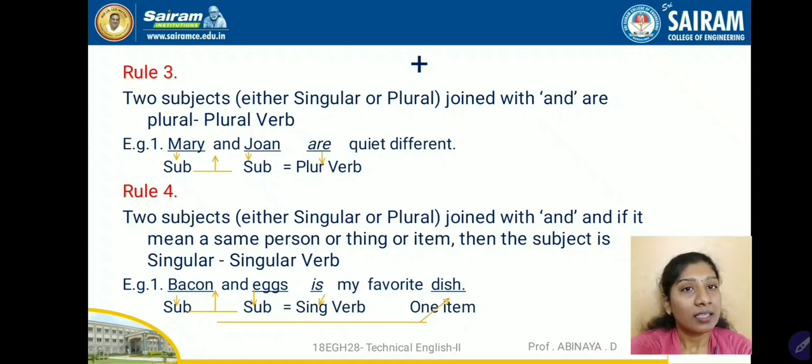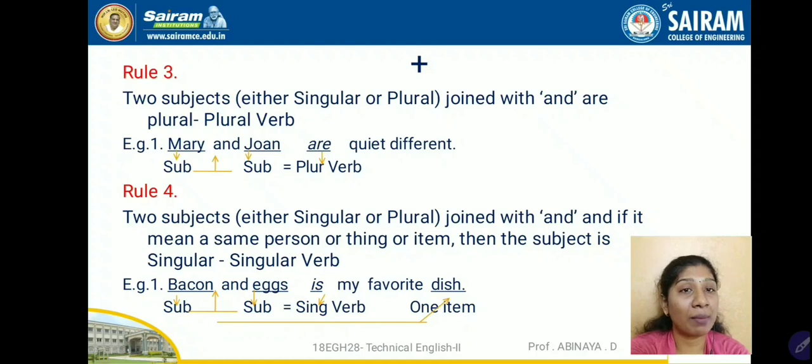But see the next rule, the same rule: two subjects, either singular or plural, joined with and, but if it means the same person or item or thing, then the subject is obviously singular. For example, bacon and eggs, both are subjects connected with and, but it means the same dish, is my favorite dish, right?